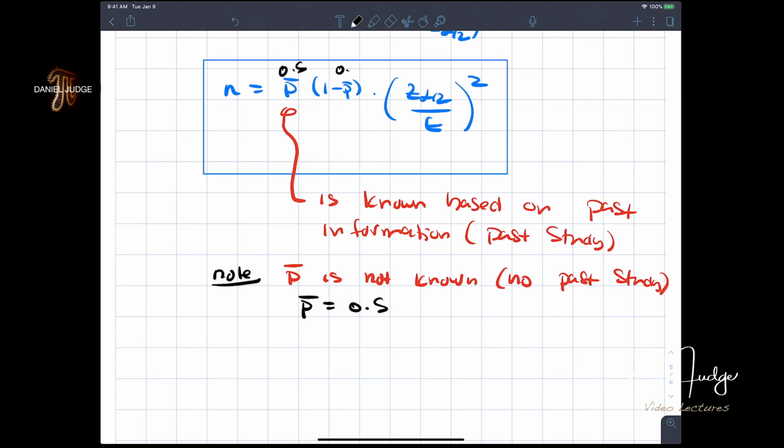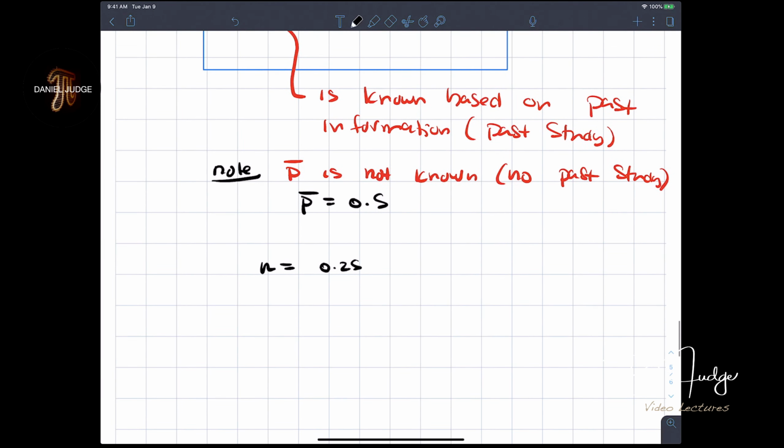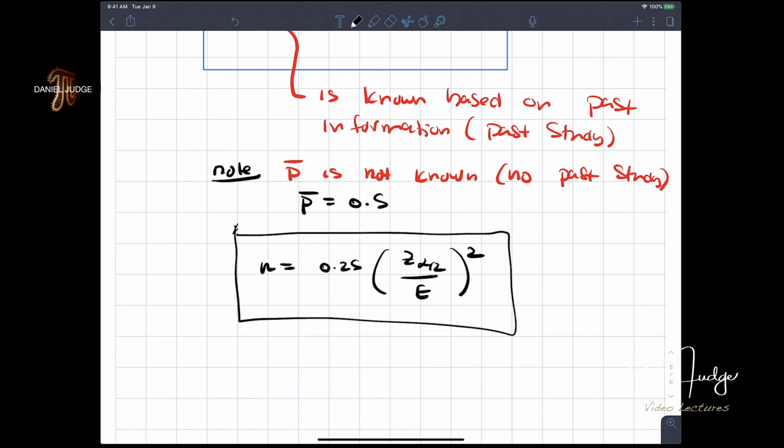What's the complement? If I use p hat to be 0.5, 1 minus 0.5 is 0.5. So you have, ladies and gentlemen, n going to be 0.25 now, and then z alpha over 2 over my error squared. This is the version that you see online. This is why you see what you see.